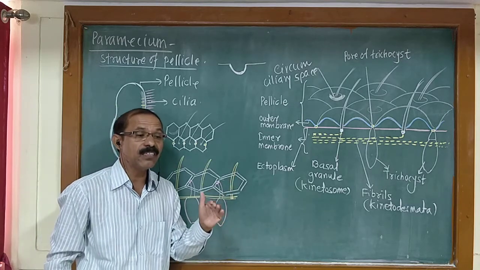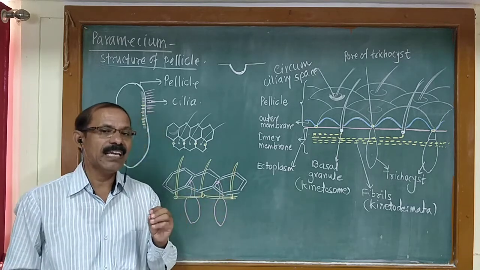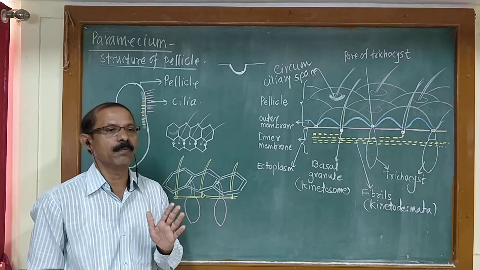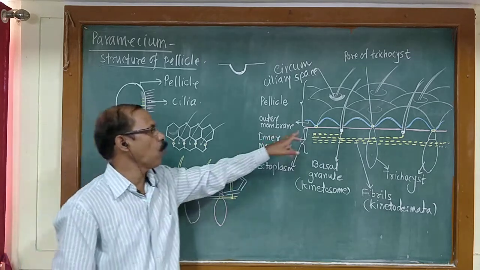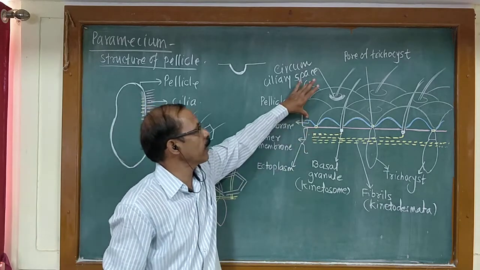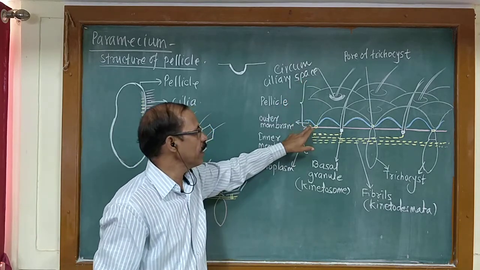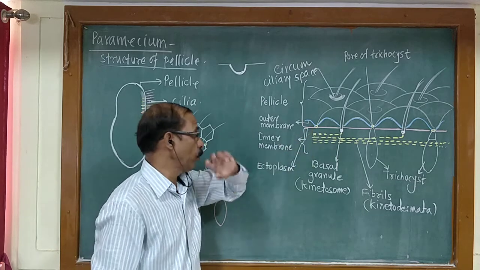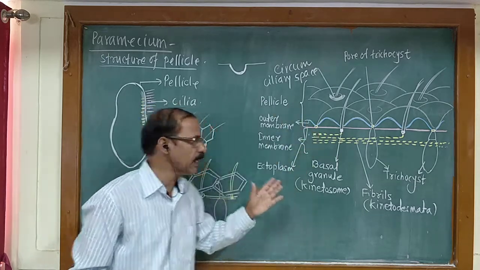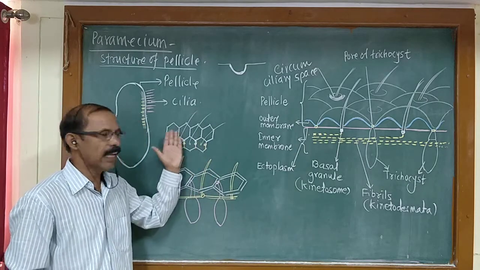So the pellicle is a thin, firm, elastic, gelatinous membrane covering the body. It is made up of two layers: the outer alveolar layer, in contact with cilia, and the inner membrane, in contact with ectoplasm. The pellicle consists of hexagonal areas.